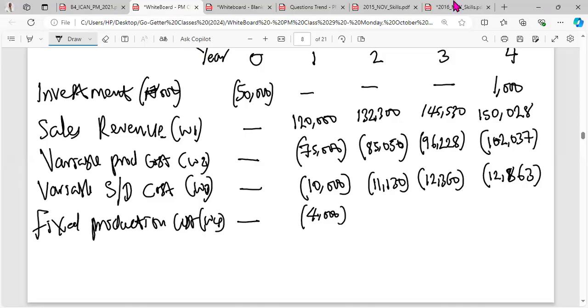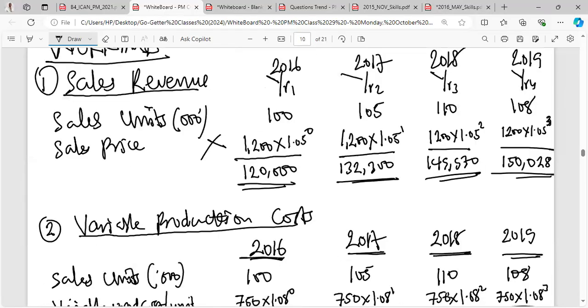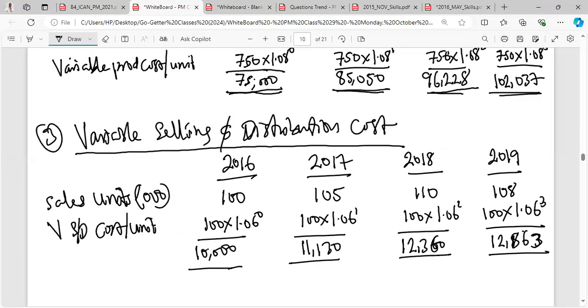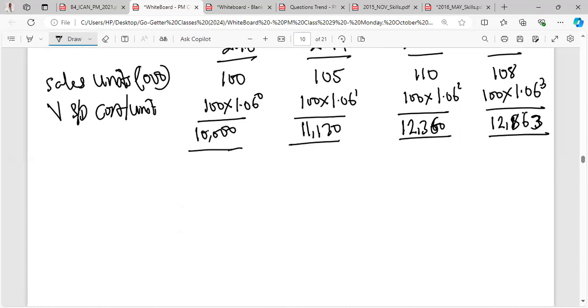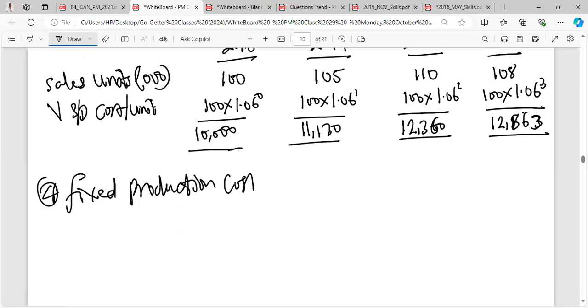Okay, but we'll still go and work the rest out. So working is 4. Fixed production costs.